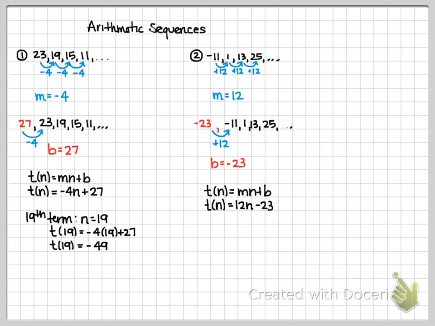In addition to being able to locate a specific term in the sequence, I can determine if there is actually a number in my sequence. So the question would be, is 485 in the sequence? Well, if it's in the sequence, then it's going to be a t of n.